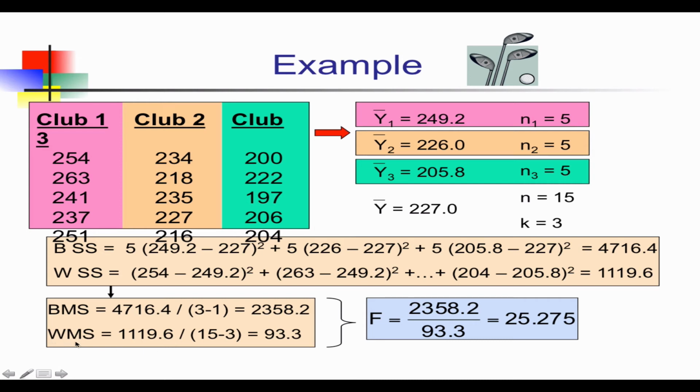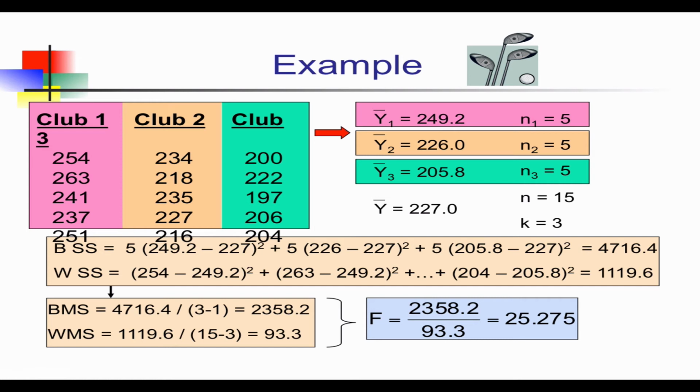And then the within mean square is the within sum of squares divided by n minus k, so 15 minus 3, and you get 93.3. If you take the F ratio, the ratio between these numbers, that equals 25.27. So from this F number, intuitively, what does that tell you? That tells you that the ratio between these 2 sources of variation is more than 25 times.